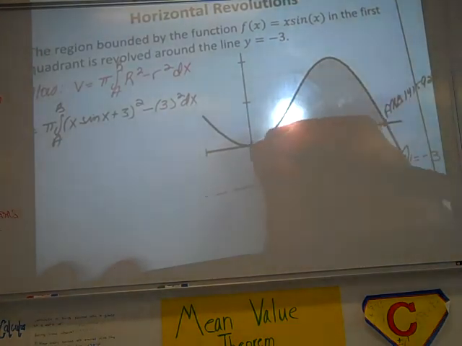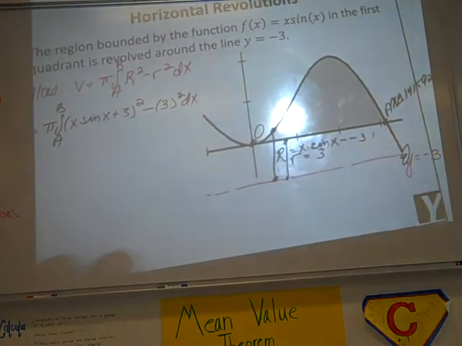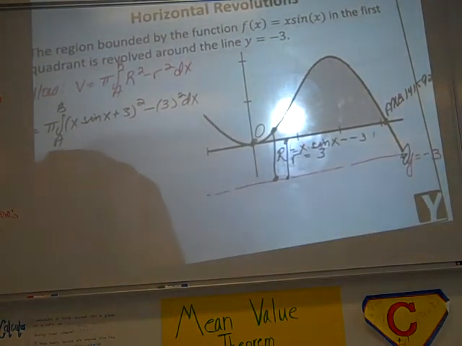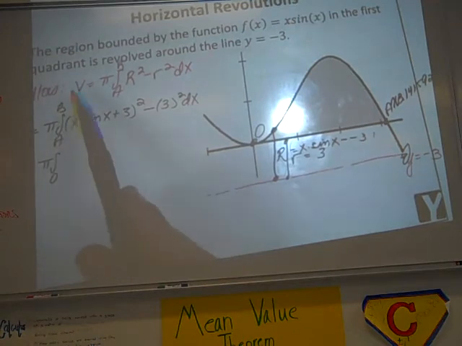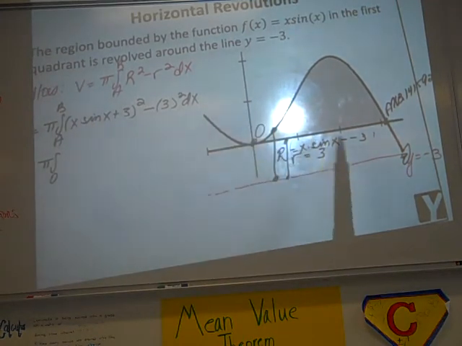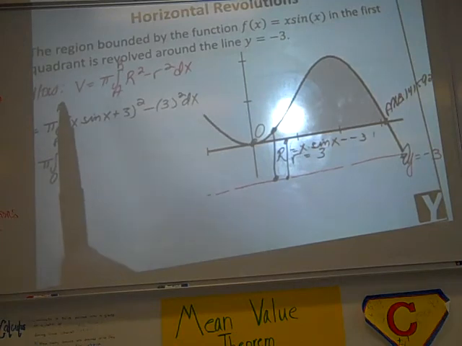My other endpoint is over here at 0. So my volume is going to be pi, integral from 0. It's kind of unfortunate, I apologize. I had A and B as my original limits of integration, but I've now referred to this intersection point over here as A. I apologize for the double use of A. What I mean by A is where I start the integration, and by B, where I end the integration.